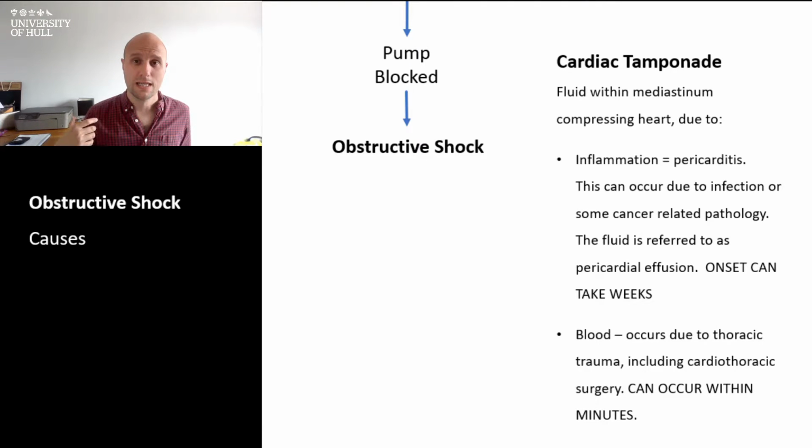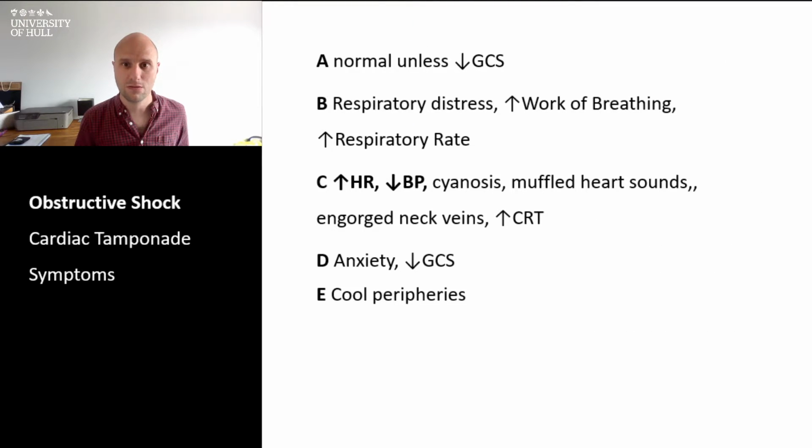Now, that fluid can build up there because there's inflammation, and we refer to this as pericarditis, and there are some cancers that can cause this, there's some infections that can cause this, or even in the context of trauma, or especially cardiac surgery, you can get blood within that space. So this is blood outside of the heart's chambers itself that is compressing, like I say, mainly the right side of the heart and preventing the heart from beating well.